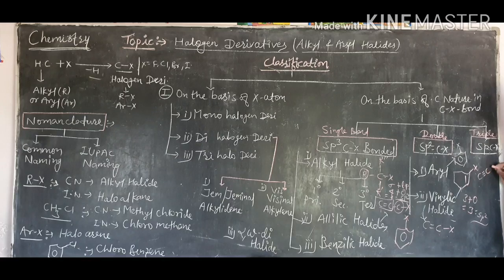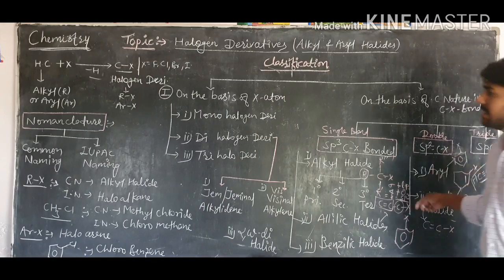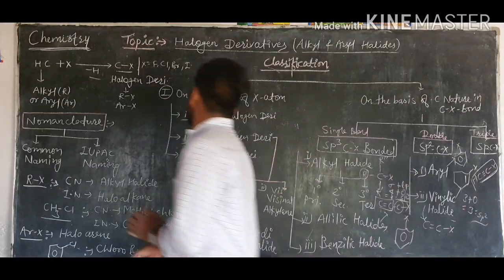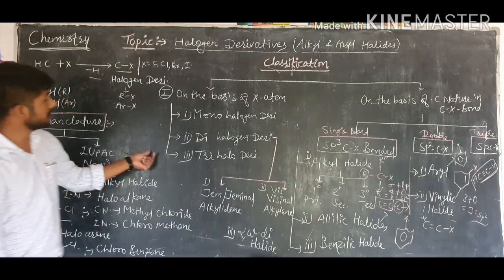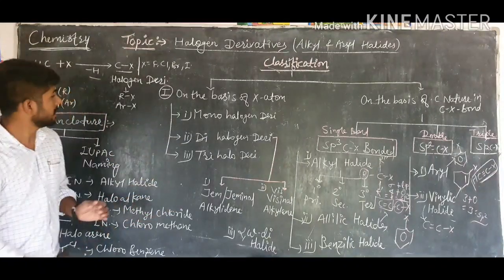The triple bond-attached carbon has a halogen, called sp C-X bonded. For compound formation we can write hydrogen here to fulfill the valency. So this type of compound is called sp C-X bonded. After that, this classification we will discuss further.